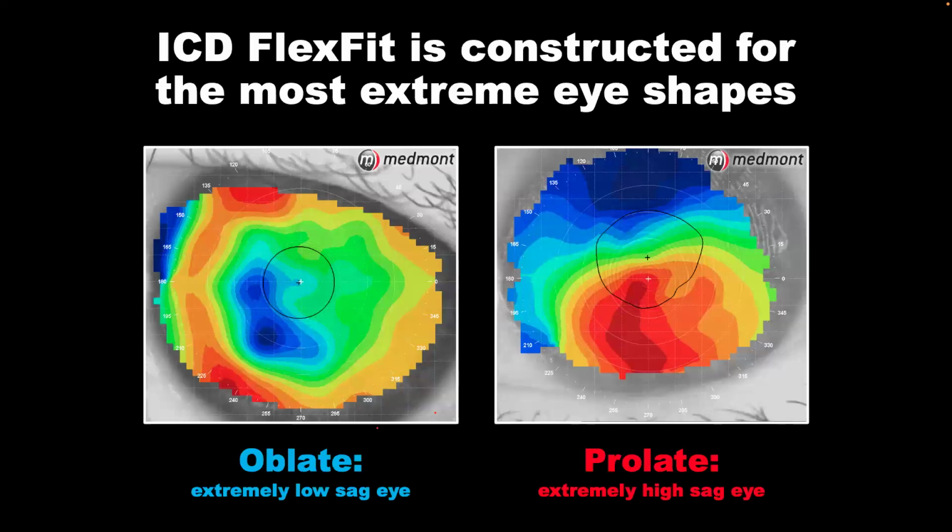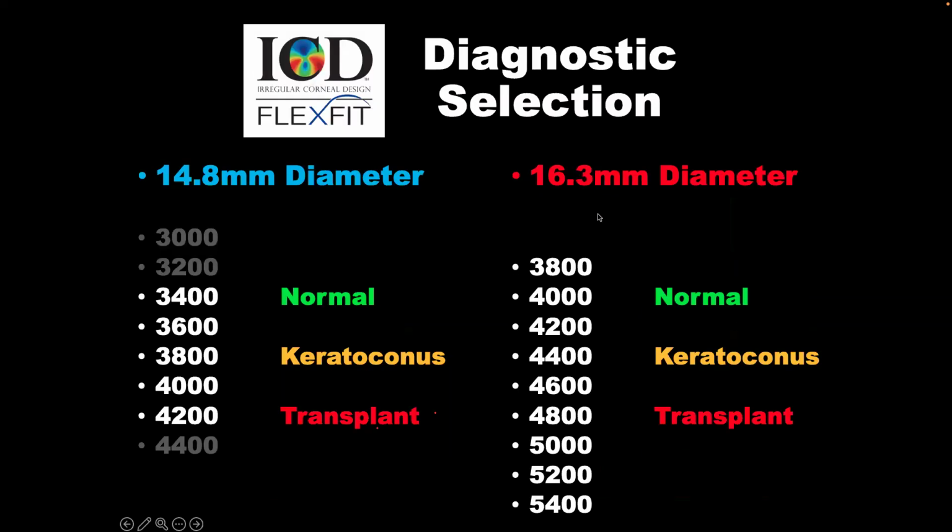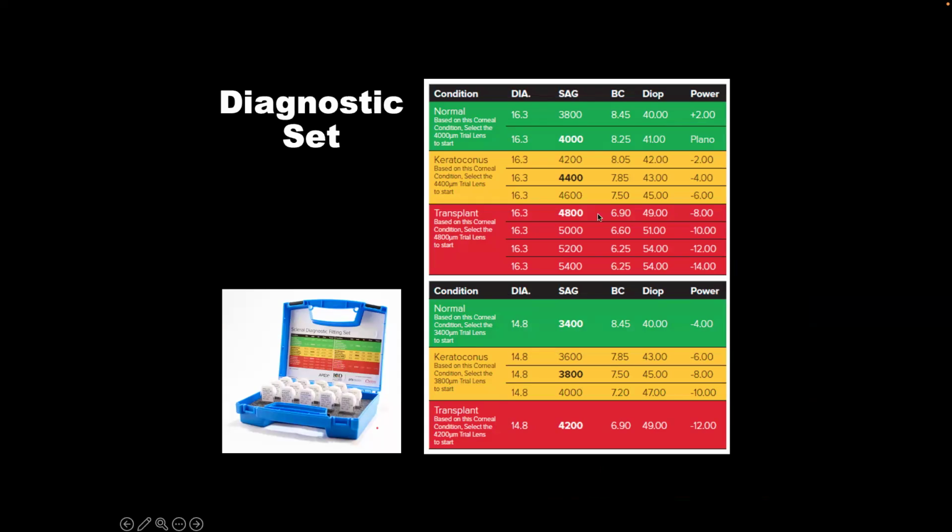As mentioned before, we can go with an oblate cornea, which will be an extremely low sag eye, and a prolate cornea, which will be a high sag eye. In order to do this, we have our diagnostic fitting set with a large range of sag values, from 3,800 to 5,400.